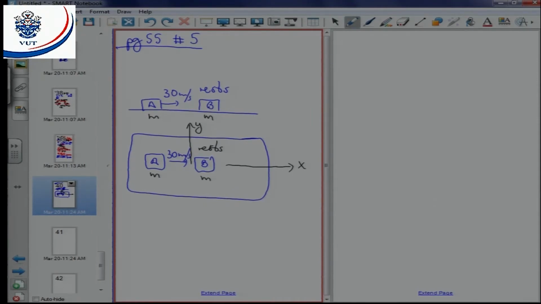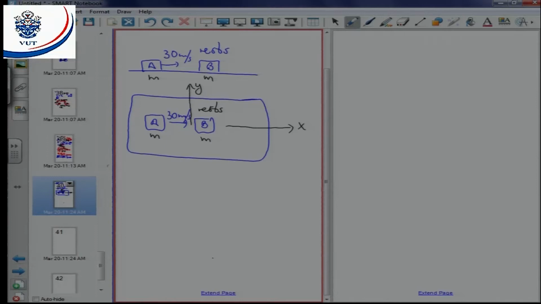Okay, so what happens afterwards? Afterwards we are told that, this was the initial direction of motion for A, one of them goes at an angle. So let's say that is A. A goes at an angle of 30 degrees. Let me just double check to make sure.